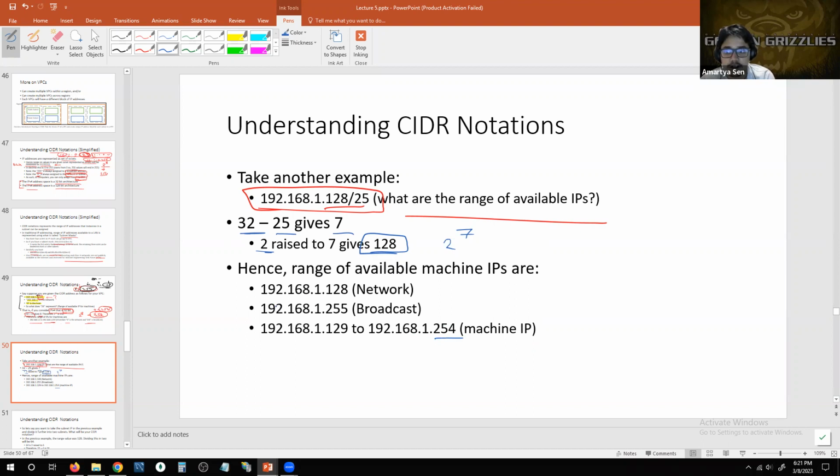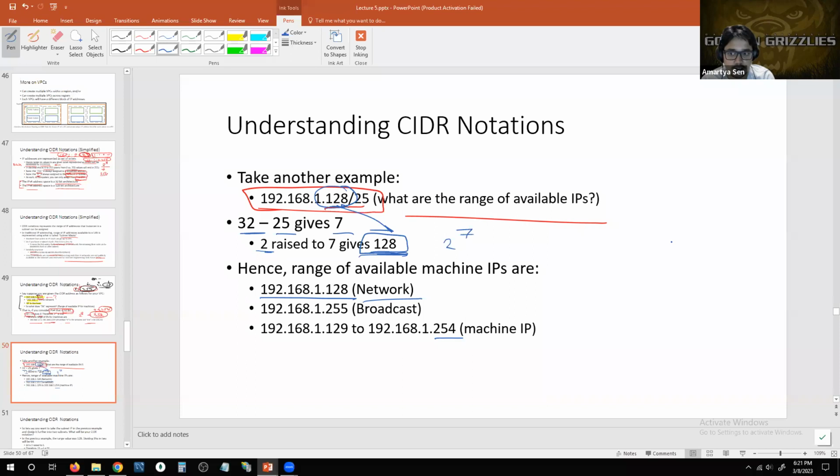Your starting IP address will be the first number, which is 128, and that will be the network IP address. Here we have 128 values starting from 128. If you add 128 and 128, it goes up till 256.